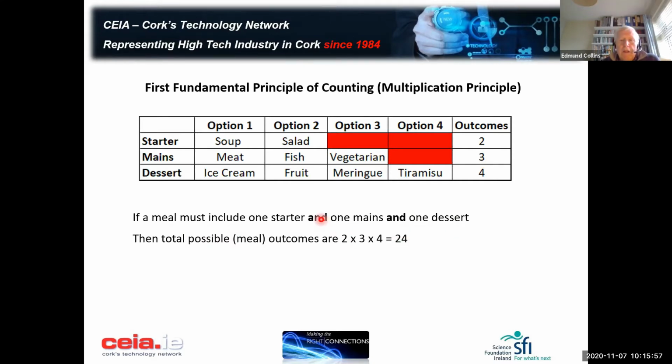Very important, the 'and' means that you multiply the options. And you'll see this coming up again and again as we go through the tutorial. So that's the first fundamental principle of counting, but one that you're going to be using a bit, as I mentioned.